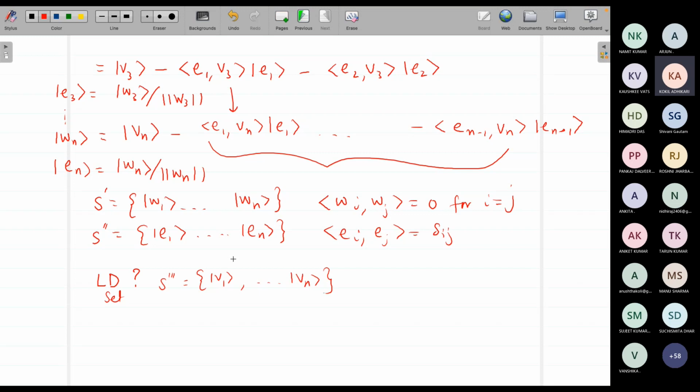And I try to construct the set of vectors using the Gram-Schmidt orthonormalization procedure. What will happen in that case? For a linearly independent set, since there were n in the beginning, you are going to get exactly n orthogonal vectors. But if you start with a linearly dependent set, will you still get n linearly independent orthogonal vectors?